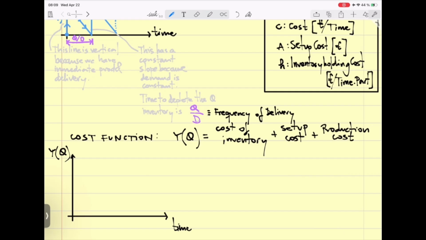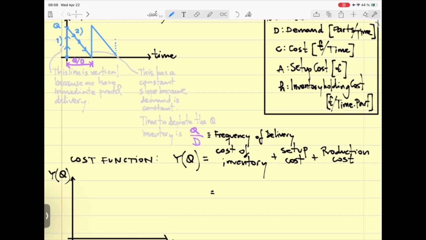So the cost of inventory is some holding inventory cost, H. We saw it in the parameters here. Okay, how much it costs to have one part in our inventory multiplied by the average inventory.